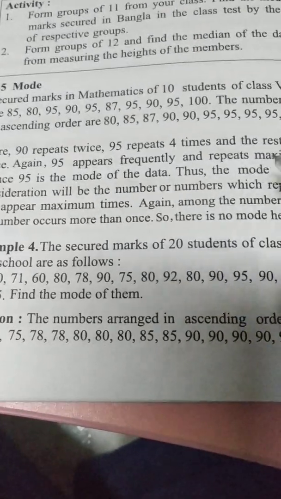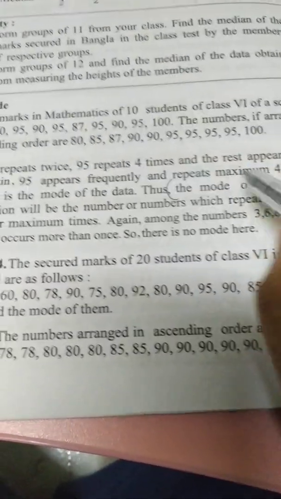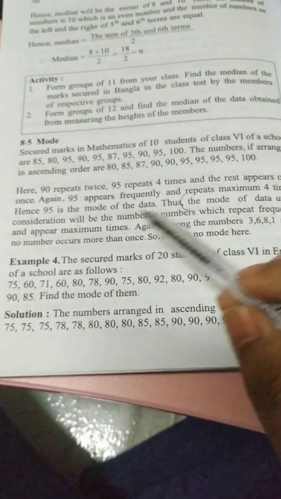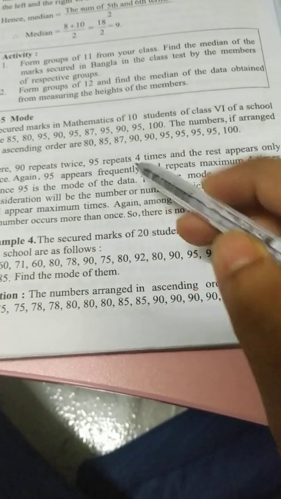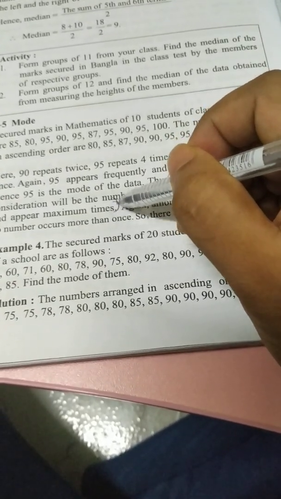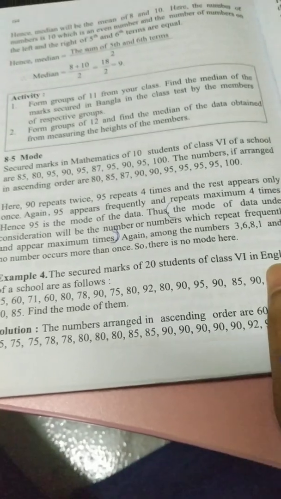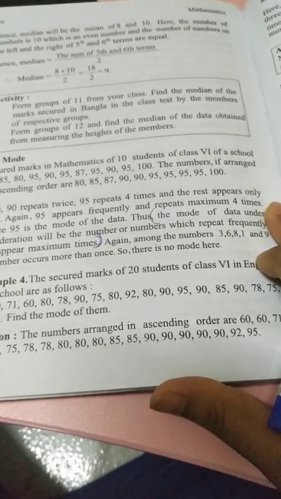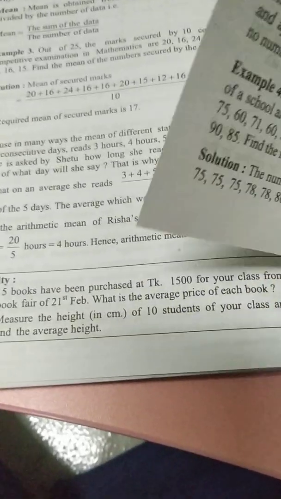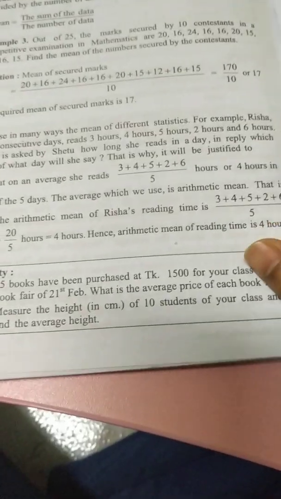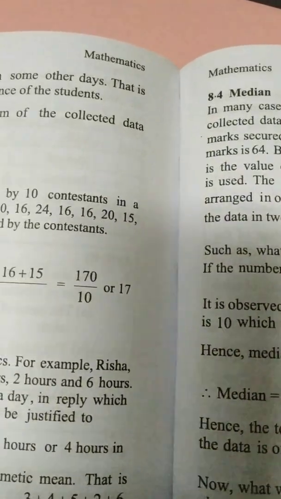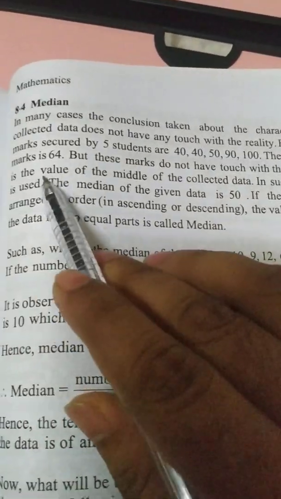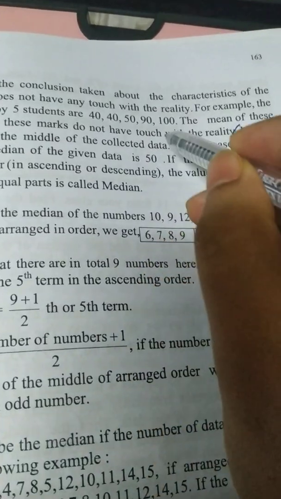Mark this from the book. The mode of the data under consideration is the number or numbers which repeat frequently and appear the maximum number of times. This is the definition of the mode. The definition of median is also here: median is the value in the middle of the collected data.